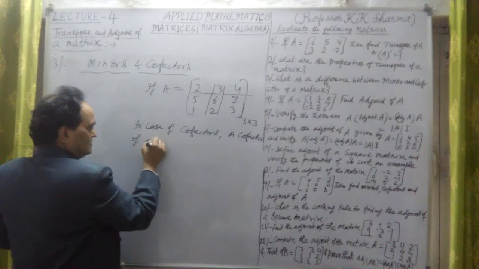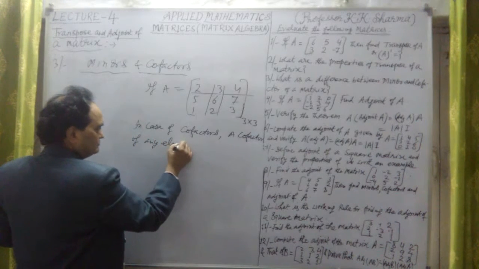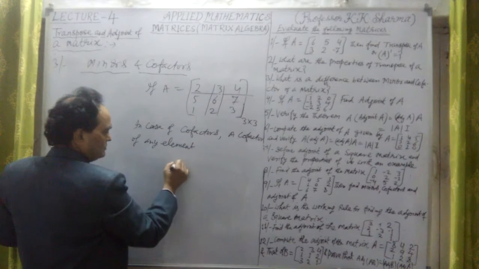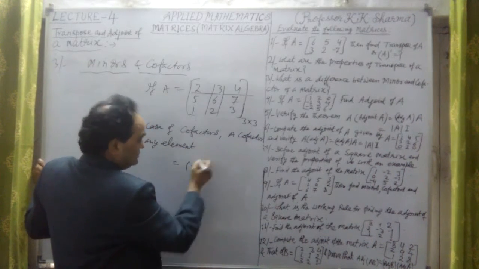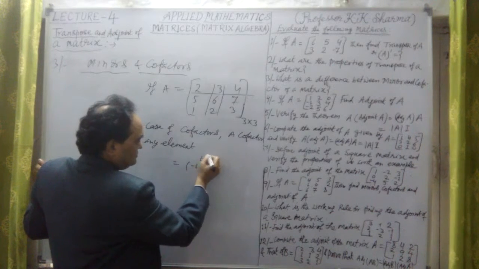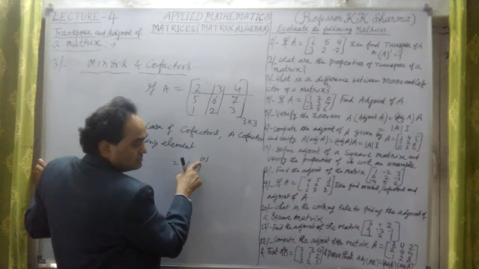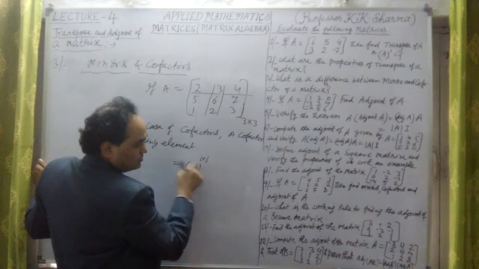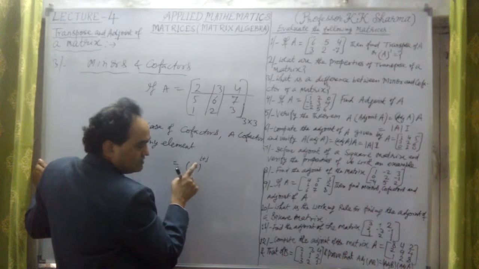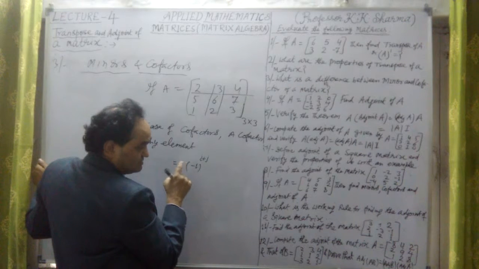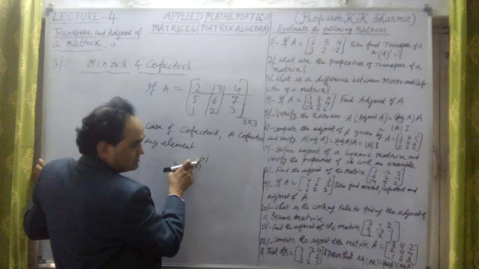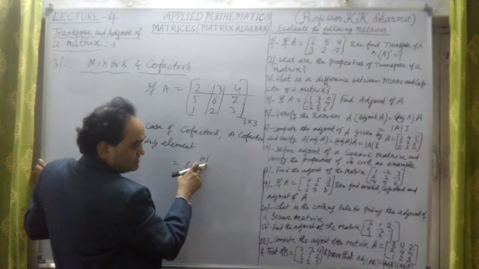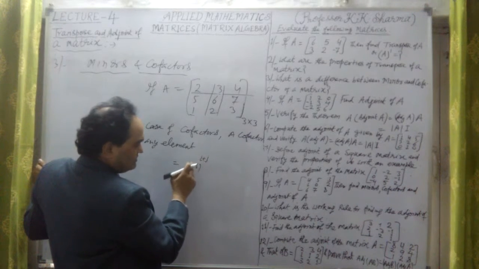the cofactor of any element is equal to minus 1 raised to power i plus j, where i is the number of the row and j is the number of the column. So the row and column in which that element is lying, the number of that row and the number of that column are added up, and minus 1 to that power will give us a sign.